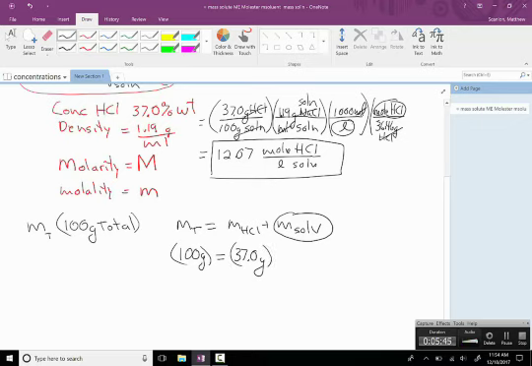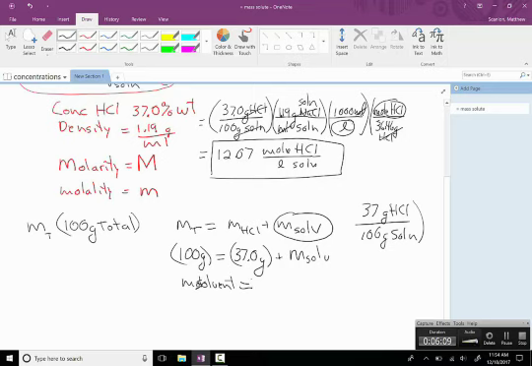Remember the percent was 37 grams of HCl per 100 grams of solution. Be very careful with this. Units plus the mass of the solvent. And so the mass of the solvent is equal to 63 grams of solvent.